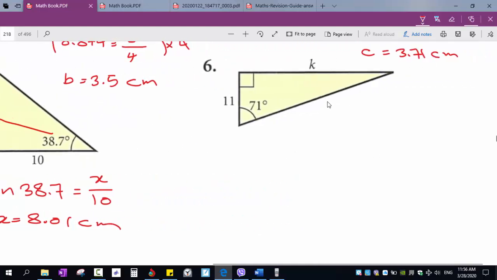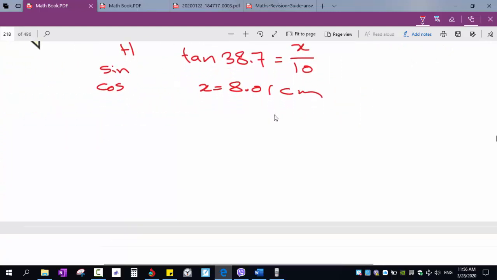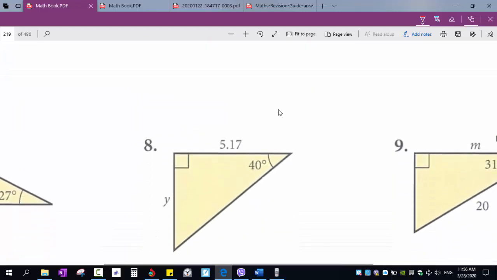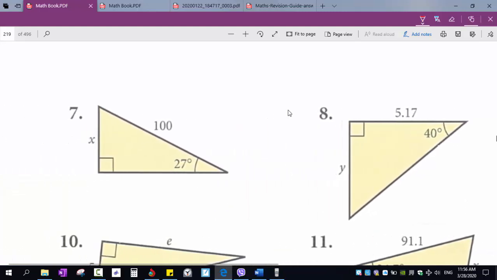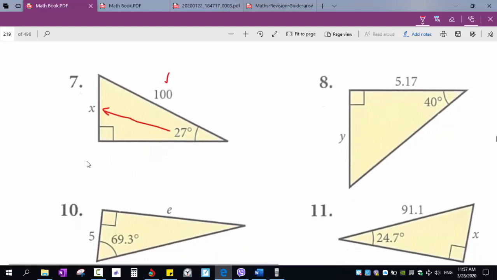Question 6, again hypotenuse is not given, then we have to use tan. Question 7, hypotenuse is given, so sine should take place here because the opposite is missing and hypotenuse is given. Then that's how we work out. Sine of 27 is equal to x over 100.